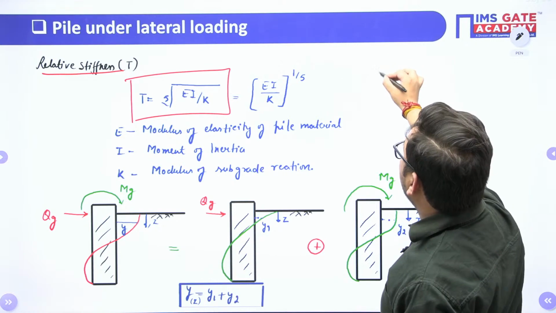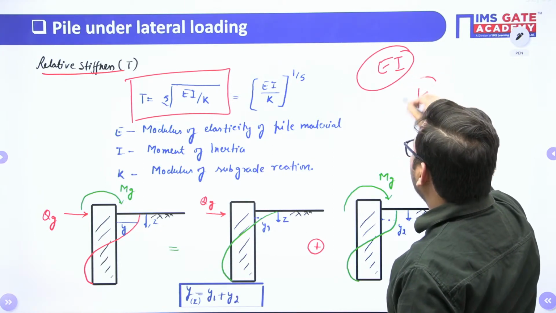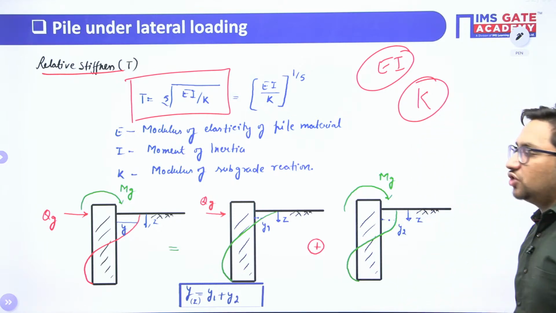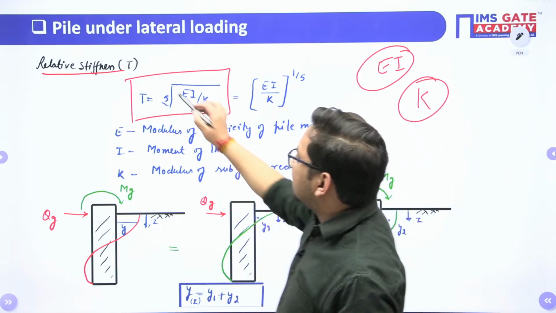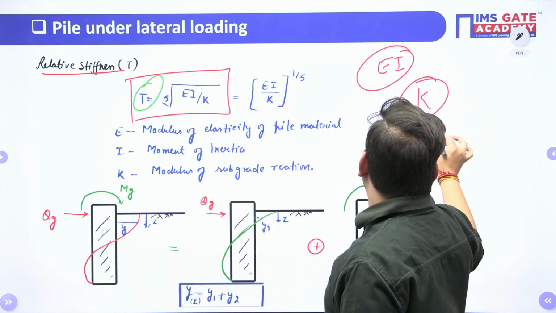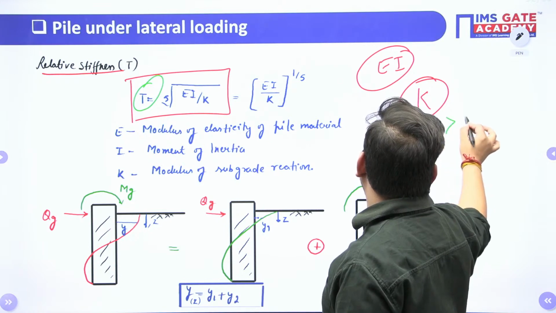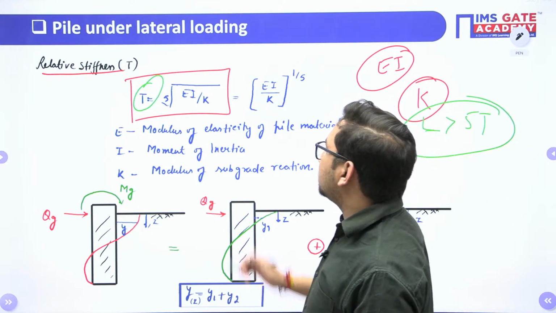So EI will be your stiffness modulus, and K is your modulus of subgrade reaction. So if these values are known to you, you can calculate this T value. If you compare this T value with length, if L is greater than 5 times this relative stiffness, you can say, okay, my pile is a long pile.